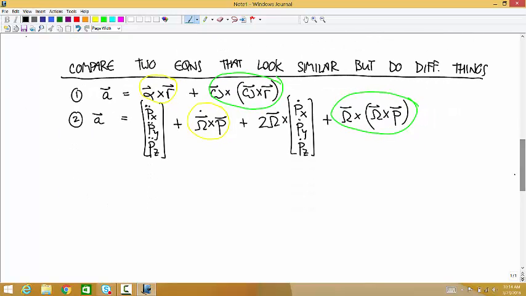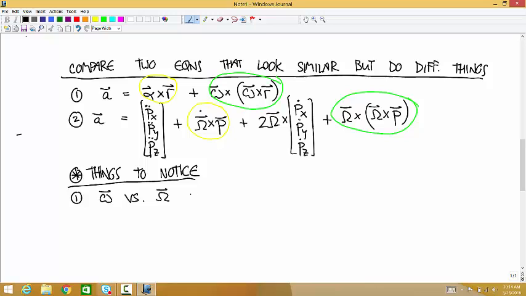Okay, so things to notice about these. The first one has to do with lowercase omega versus uppercase omega. Lowercase omega is the angular velocity of a rigid body expressed in an inertial coordinate system.